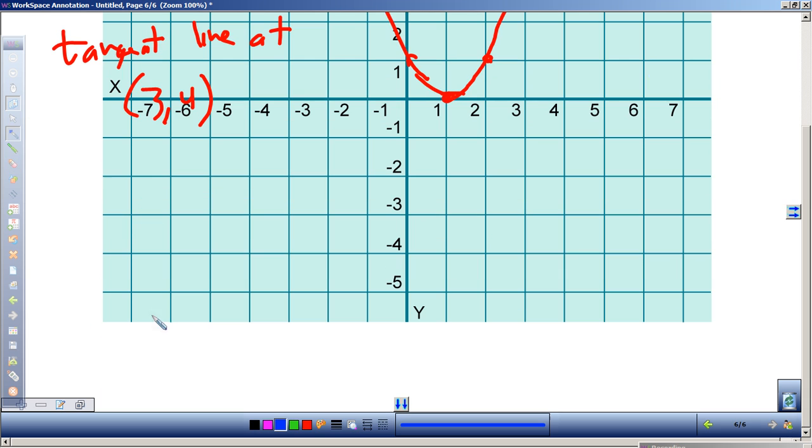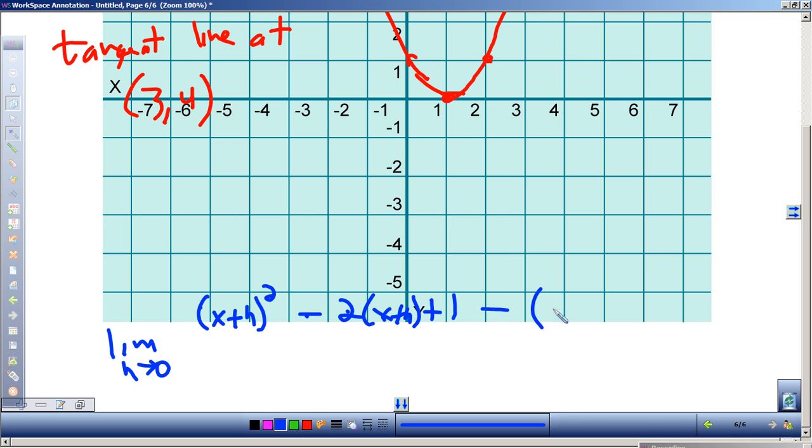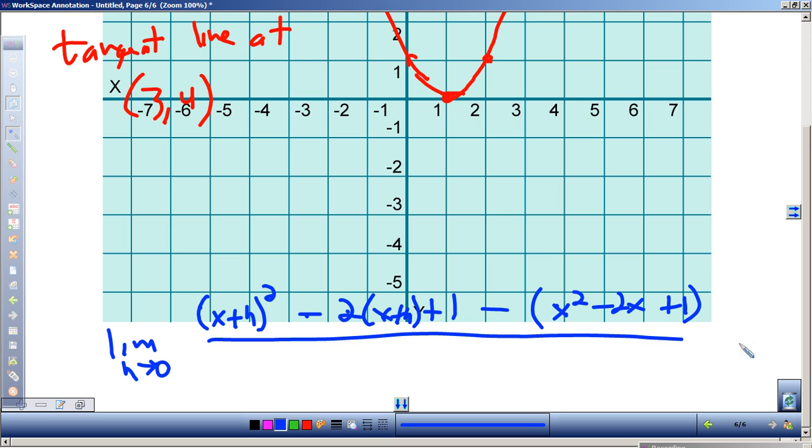So let's get the slope. So the limit as h goes to 0 of (x plus h) squared minus 2(x plus h) plus 1, minus (x squared minus 2x plus 1), all over h.